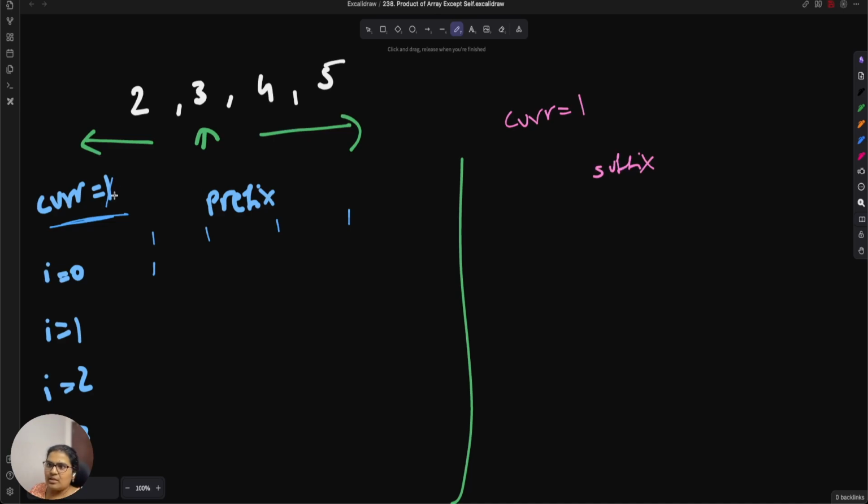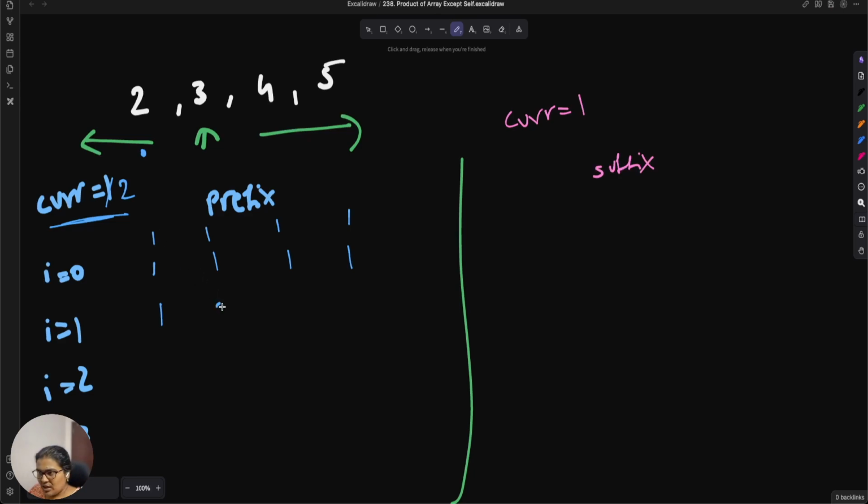So let's update current with current times the current value of i, which is 2. So 1 times 2, current becomes 2. At i equal to 0, all these will still stay as 1. At i equal to 1, for the result, we want the product of all the prefixes, which is already there in current.